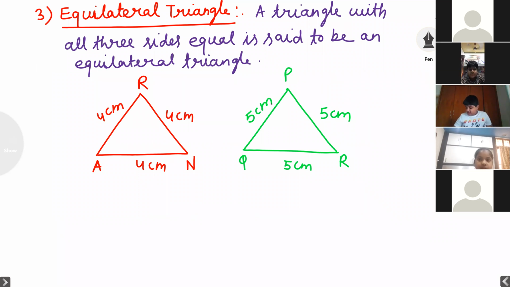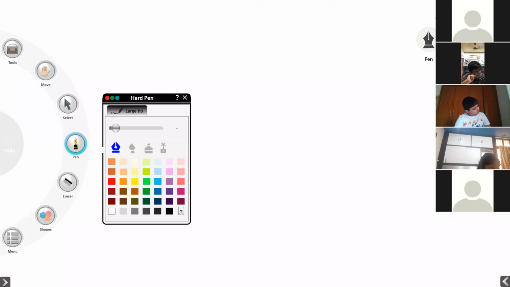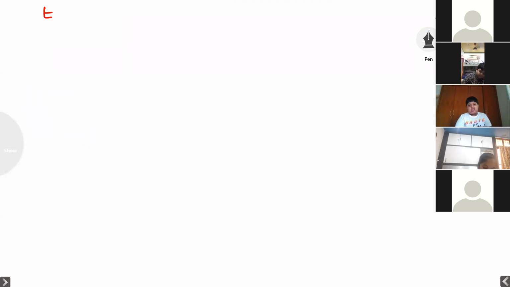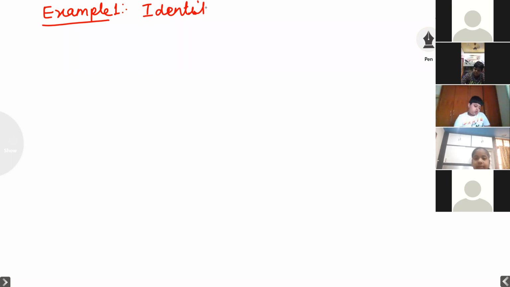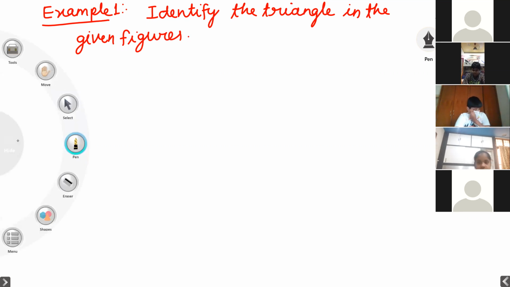Now note down example first. Identify the triangle in the given figures.